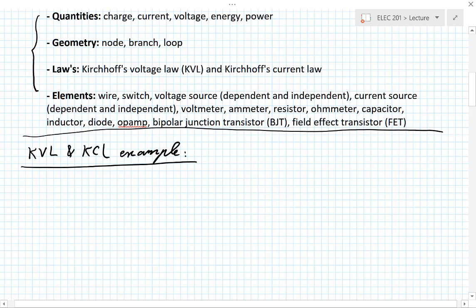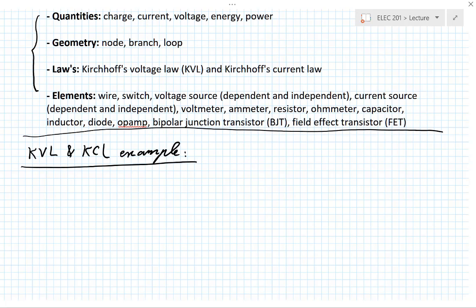KVL said that the algebraic sum of all voltages across all the elements as you go around a loop, any loop in a circuit, is 0. KCL stated that if you take any node in the circuit and you write the algebraic sum of all the currents going into the node, that sum is 0.